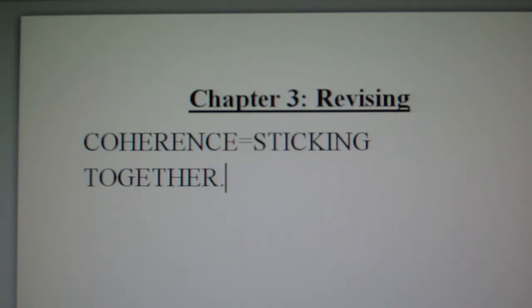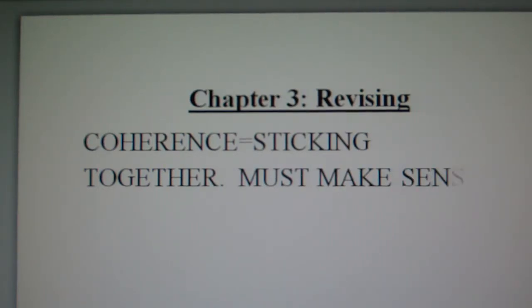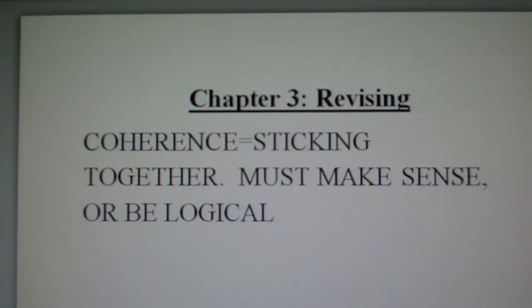How it works in writing is that a paragraph must flow smoothly from one to the next. And it must be logical, which is just a fancy way of saying must make sense or be logical. So we need that coherence to be very strong.